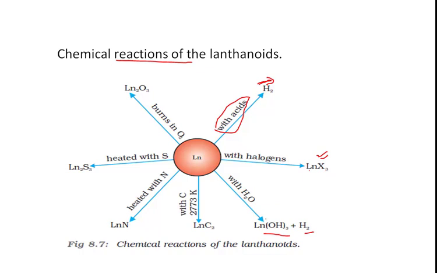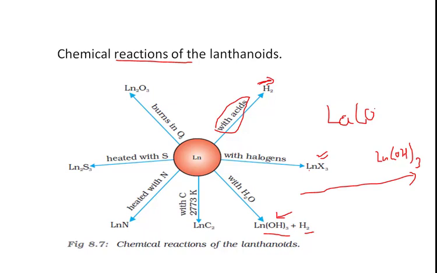With water, they react to form hydroxides, and the basic character of these hydroxides goes on decreasing as we move along the period. For example, there is lutetium hydroxide and lanthanum hydroxide.